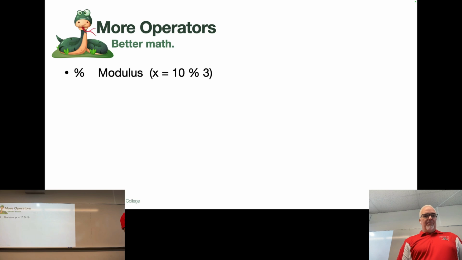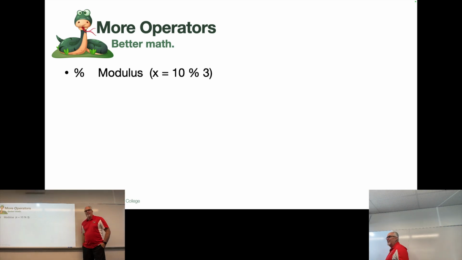But wait, there's more. Now we're getting a little bit weird here. These aren't normal math operations. The modulus operator is the percent sign. And although you may at first ask yourself, why on earth would I need this? You will find yourself using it a surprising amount of time. The modulus operator does division, so it divides 10 by 3, but it doesn't give you the answer to the division problem.